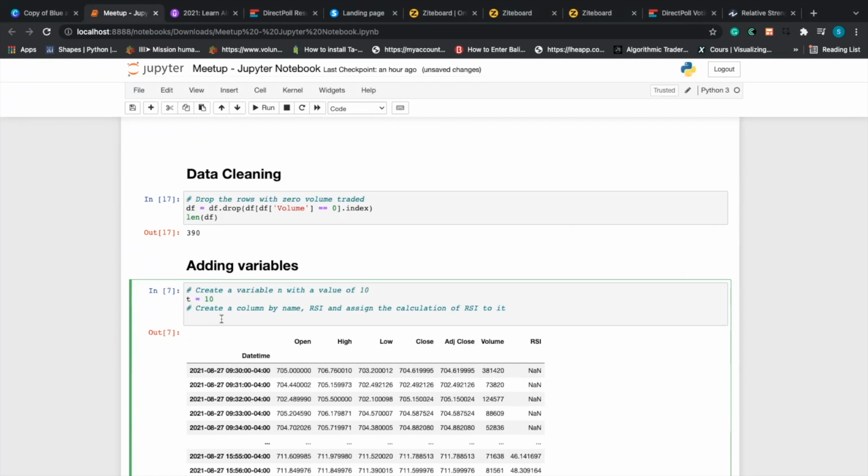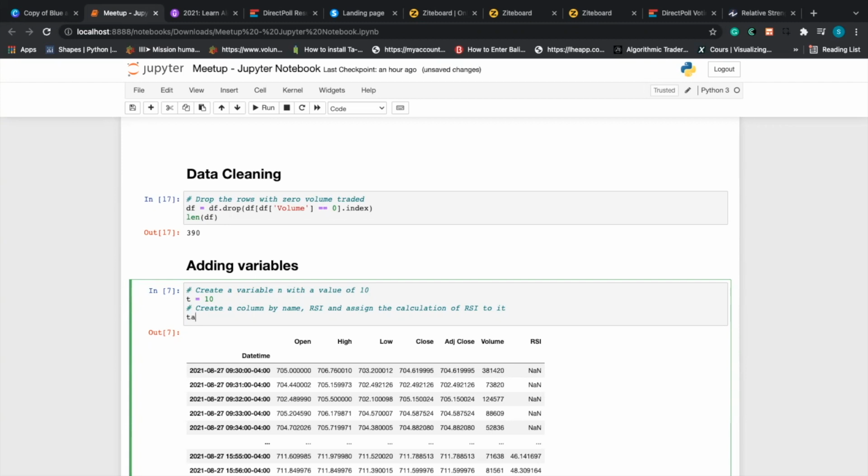And how can we get the RSI? You have two ways. Either you calculate it manually, which takes around 8 lines of code since you have to replicate the calculation. But here we are going to use the Talib library, which has all the different trading indicators, without going too much in depth.